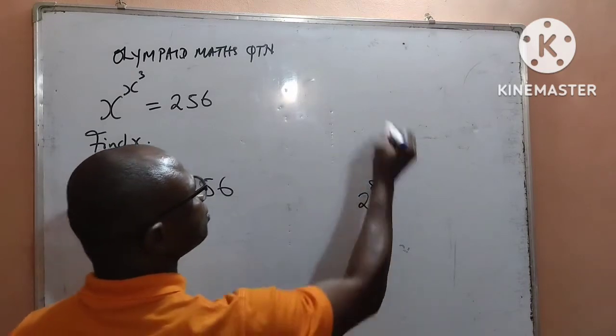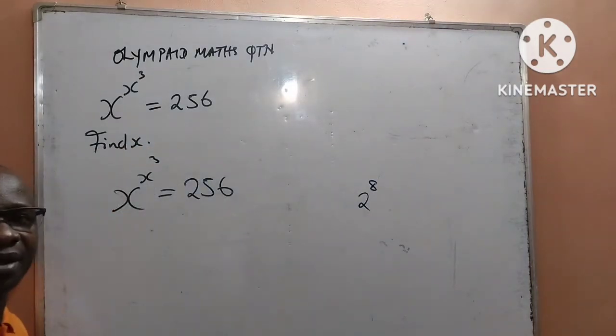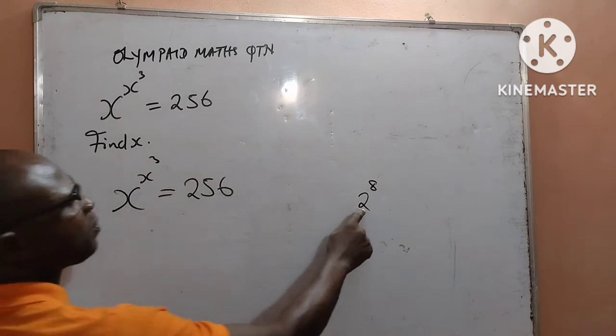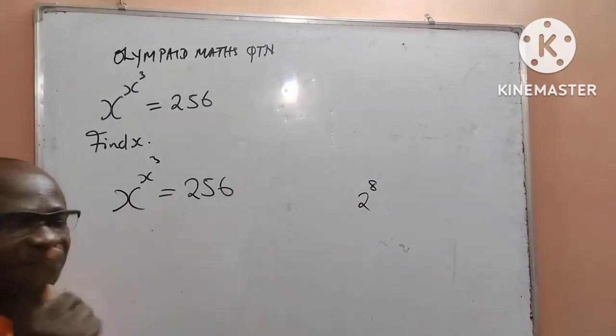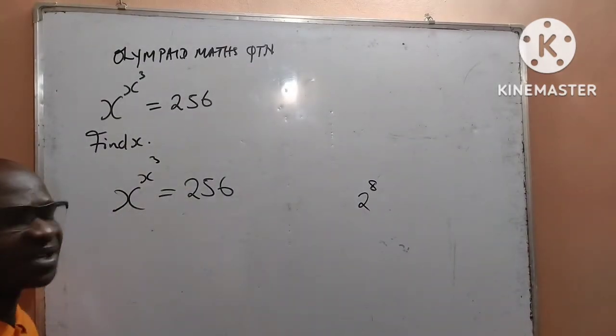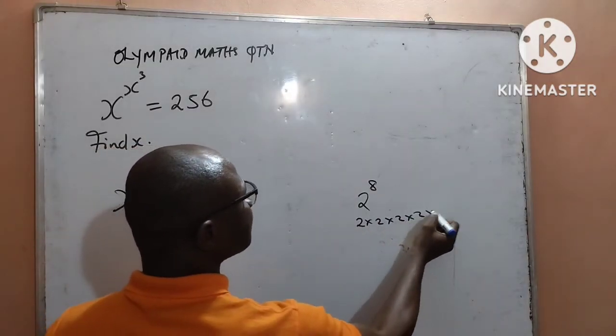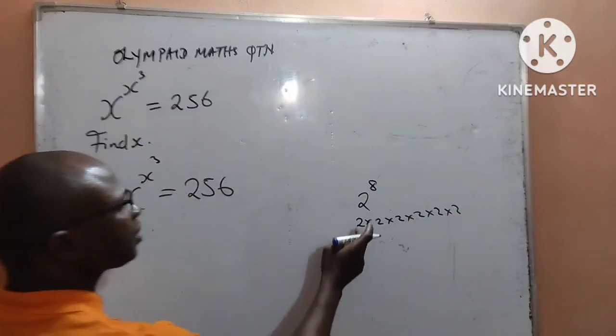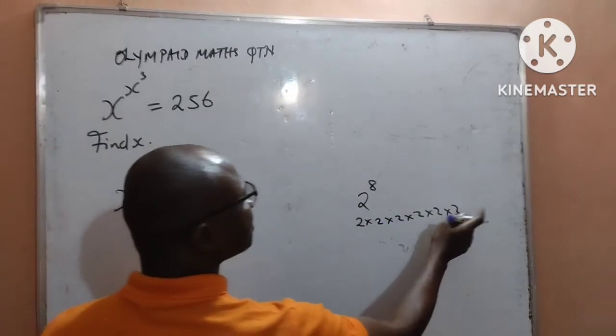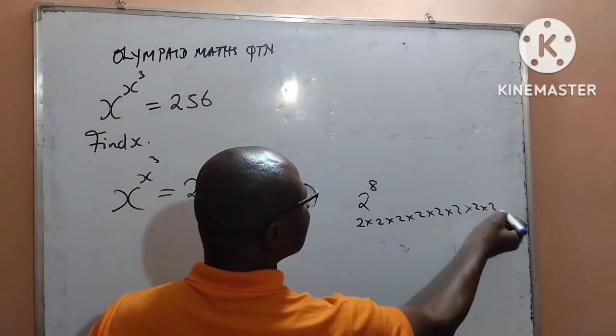I will get it as 2 to the power of 8, because if I multiply 2 eight times, I will get 256. 2 times 2 times 2 times 2 times 2 times 2. 1, 2, 3, 4, 5, 6, 7, 8.